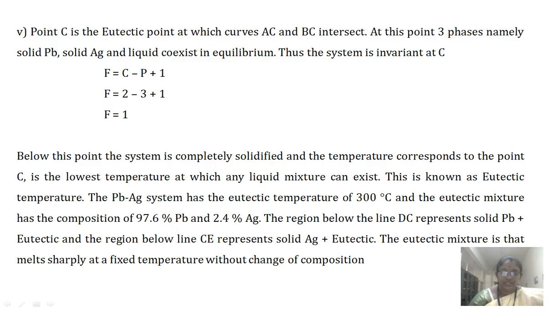The region below the line DC represents solid lead plus eutectic and the region below line CE represents solid silver plus eutectic. The eutectic mixture melts sharply at a fixed temperature without change of composition.